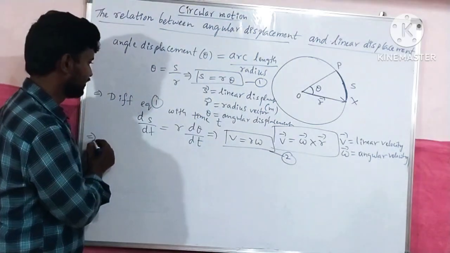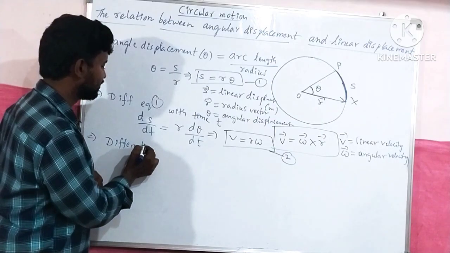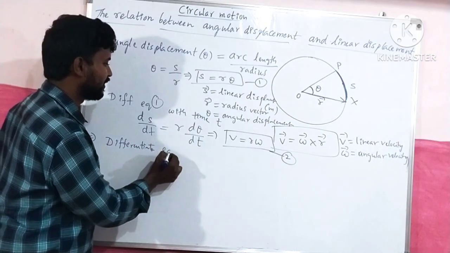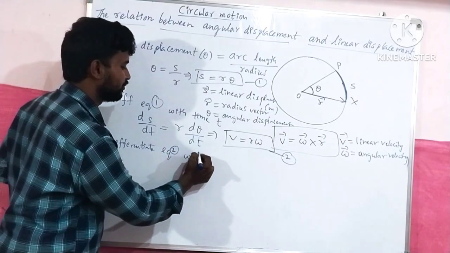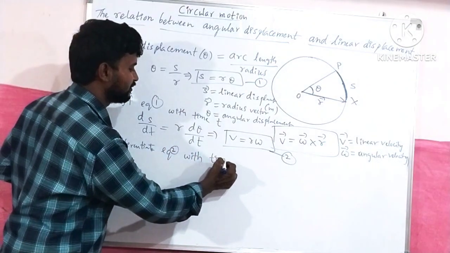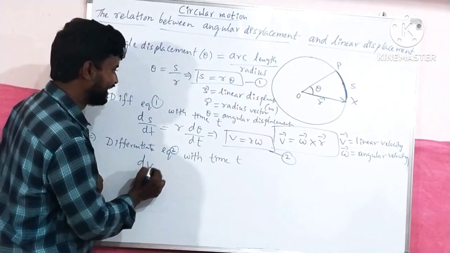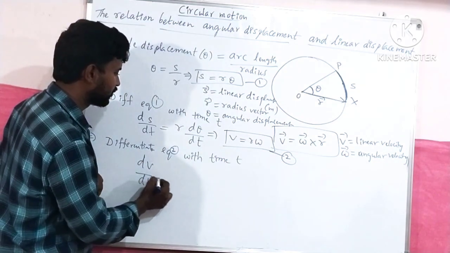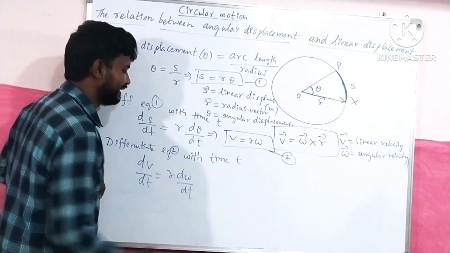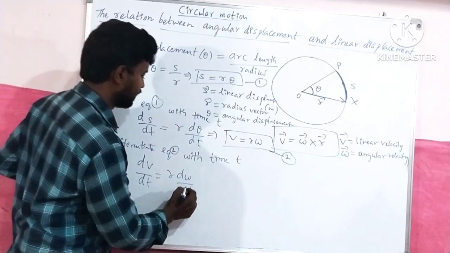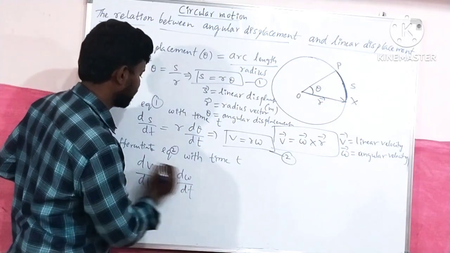Here r is constant, so we get r times d omega by dt.